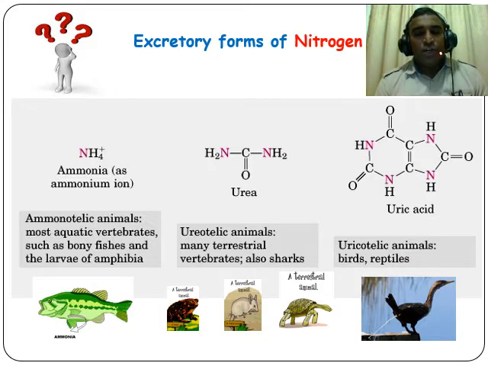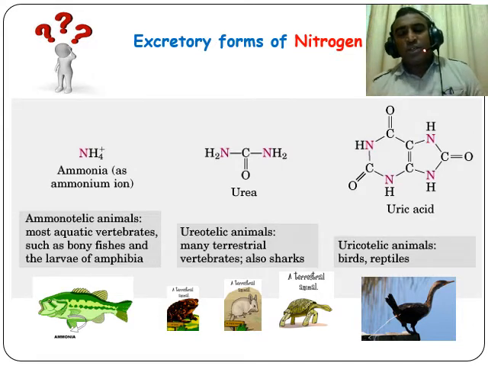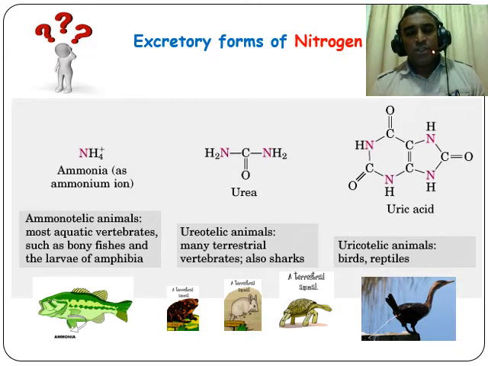One, urea, for the ureotelic animals, terrestrial vertebrates such as rats or even humans. Then you have the uricotelic animals, such as birds. Birds are migratory animals, therefore they need to go a long distance from one area to the next.